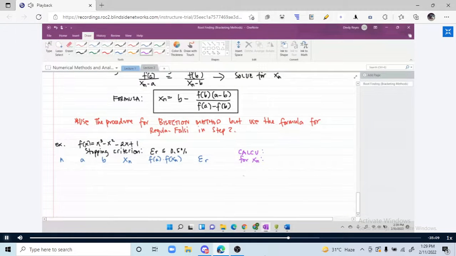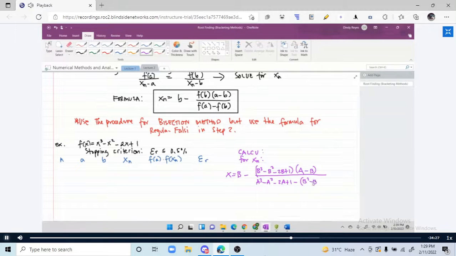So for x sub n, it's x equals b. So sa calculator, type b minus, fraction nyo na ha, fraction nyo na. F of b is b cubed minus b squared minus 2b plus 1. And then a minus b. Okay, in the denominator, f of a is a cubed minus a squared minus 2a plus 1, minus f of b.